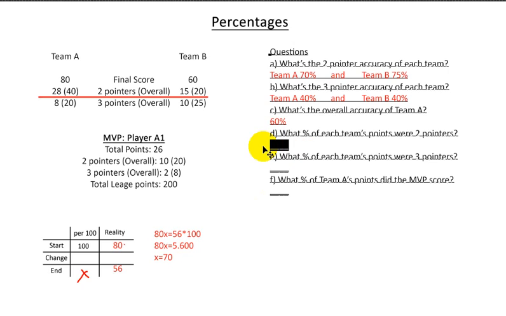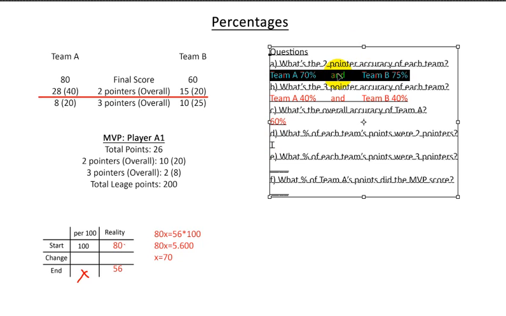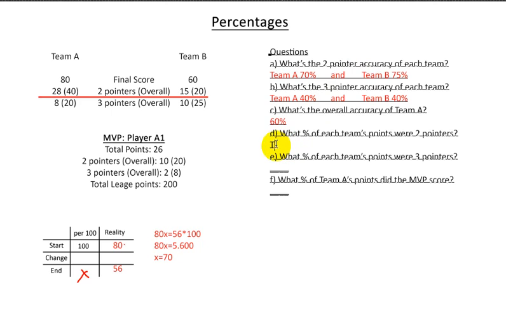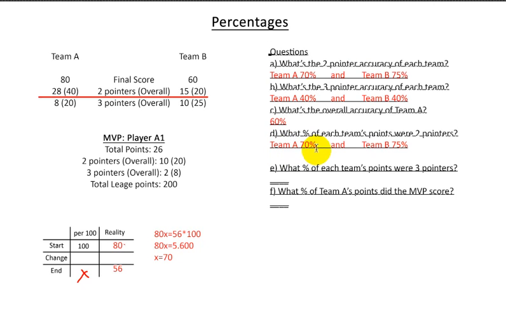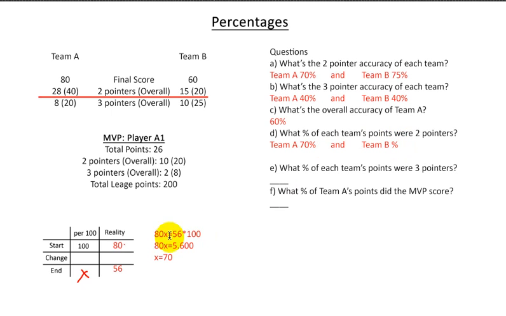So, for team A, it's 70%. For team B, let's find out. They scored a total of 60 points. 15 2-pointers. So to find how many points they got from this, I have to multiply it by 2.